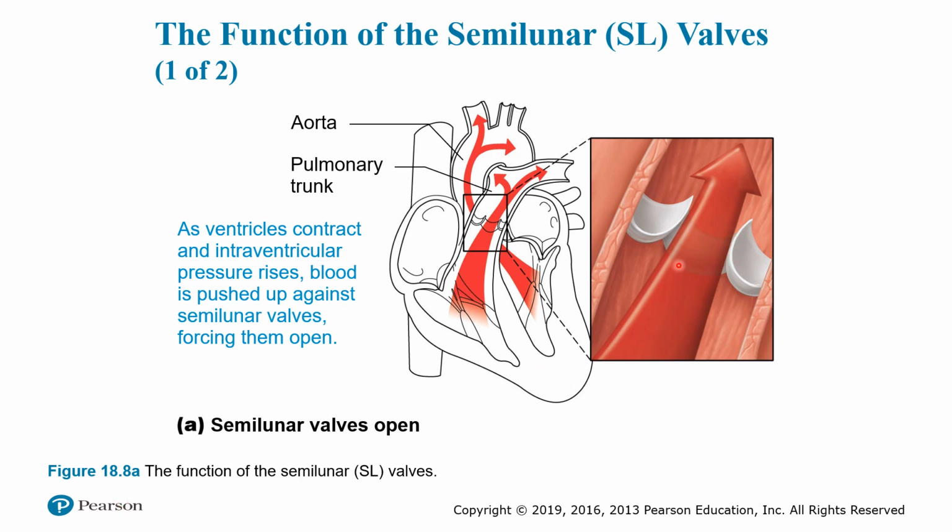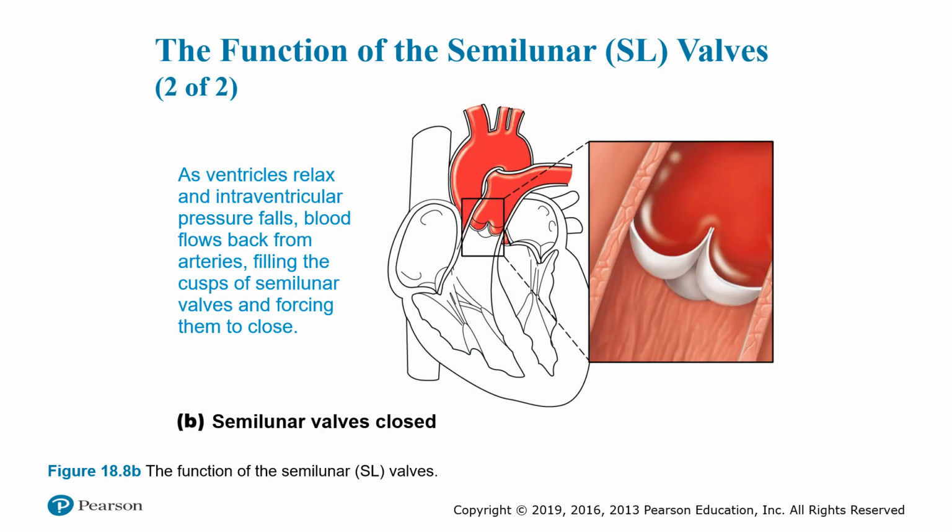You can also see here that these semilunar cusps are open, and the blood is going into the vessels on both sides, in the aorta and the pulmonary trunk. And as the ventricles relax, the intraventricular pressure falls. Blood flows back from the aorta towards the heart, towards the ventricle, and this closes the semilunar valves.